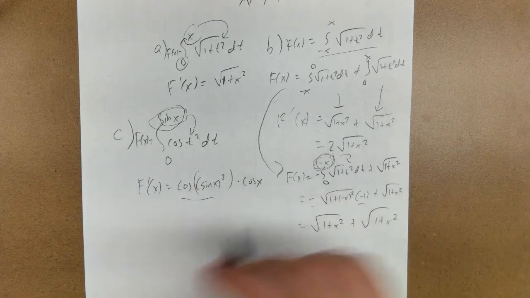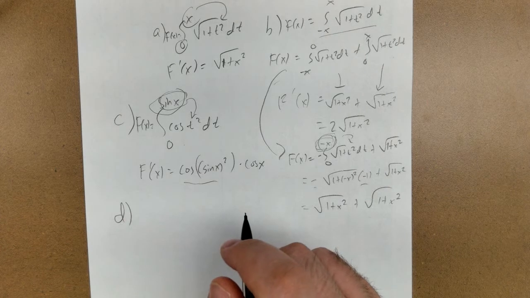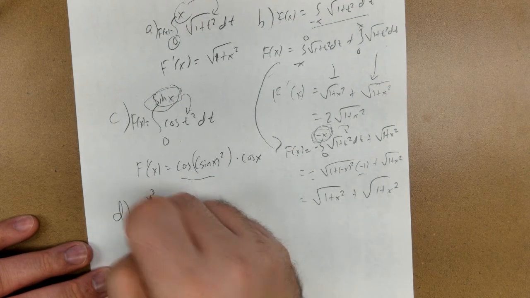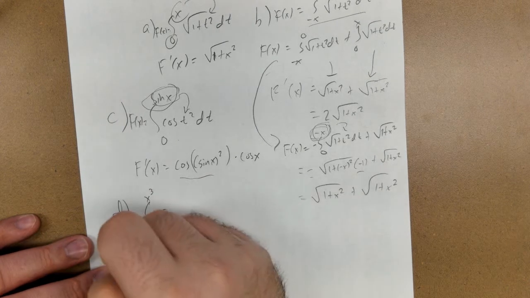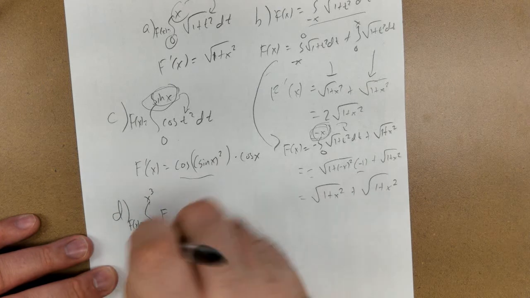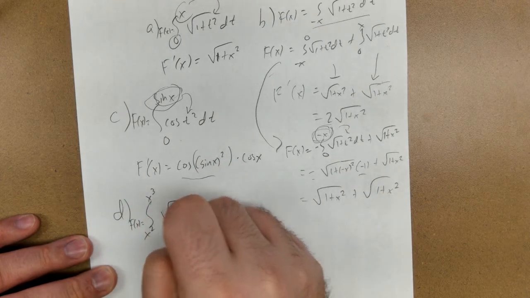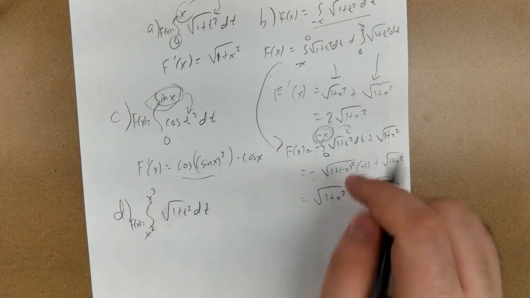And then D is the craziest one. You're going from x squared to x cubed. F of x goes here, and then we're back to the square root of 1 plus t squared. Notice what's in the integral really doesn't matter that much.